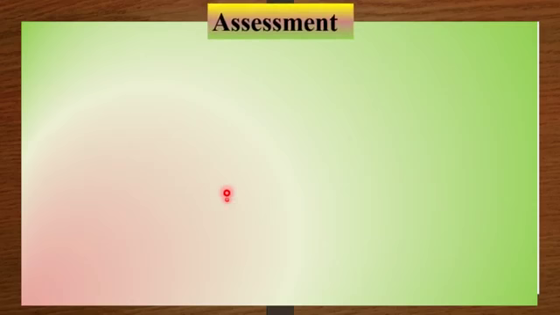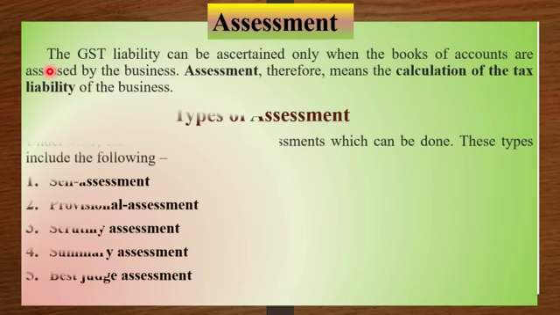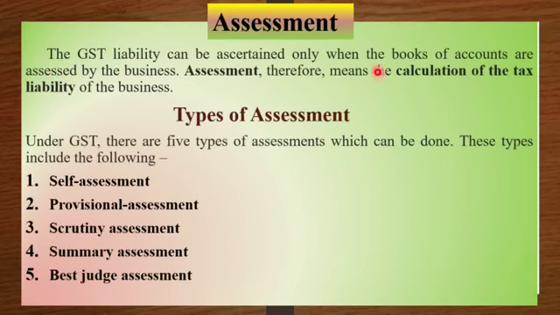Now let's move on to the second point of GST audit procedure, that is assessment. The GST liability can be ascertained only when the books of accounts are assessed by the business. Assessment therefore means the calculation of the tax liability of the business.